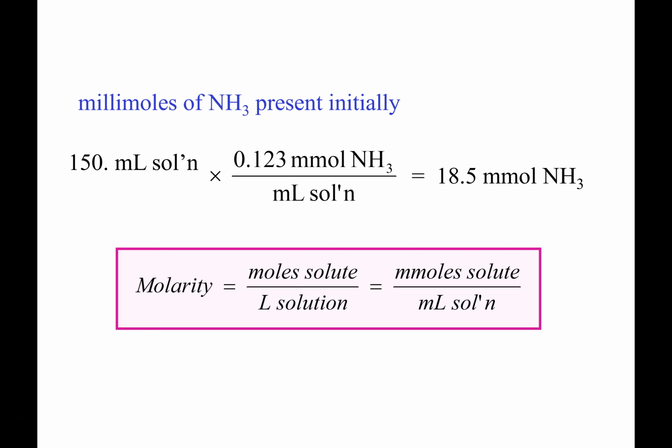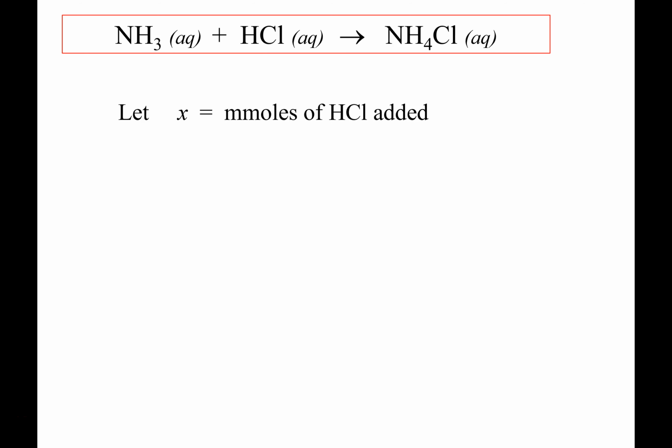So I'm going to put 18.5 millimoles under my NH3. All right, now I'm going to introduce a variable x, and let x be equal to the millimoles of HCl, initial here. This isn't really an ICE table, but it remotely reminds me of one.